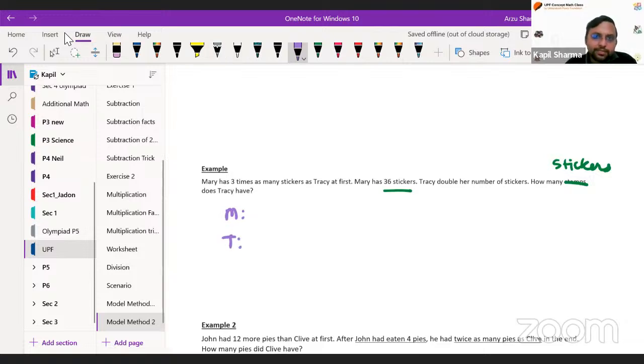So Mary and Tracy. Initially Mary has 3 times as many stickers as Tracy. So let's say if Mary has 1 unit, Tracy has 3. Also, Mary has 36 stickers.